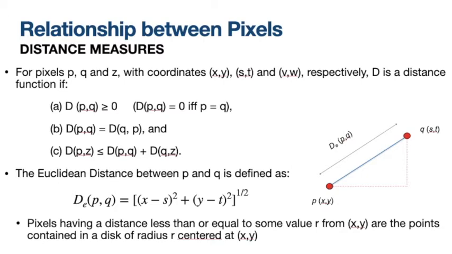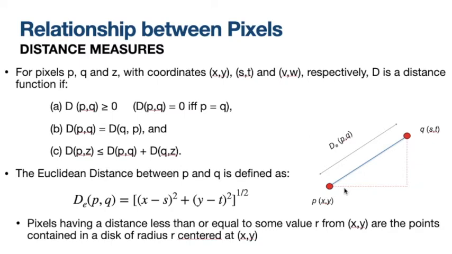Here x, y is the coordinate of p, and s, t is the coordinate of q. Okay, so from these coordinate values of p and q, you can find the distance between the pixels p and q using the Euclidean distance equation, that is root of (x minus s) the whole square plus (y minus t) the whole square.